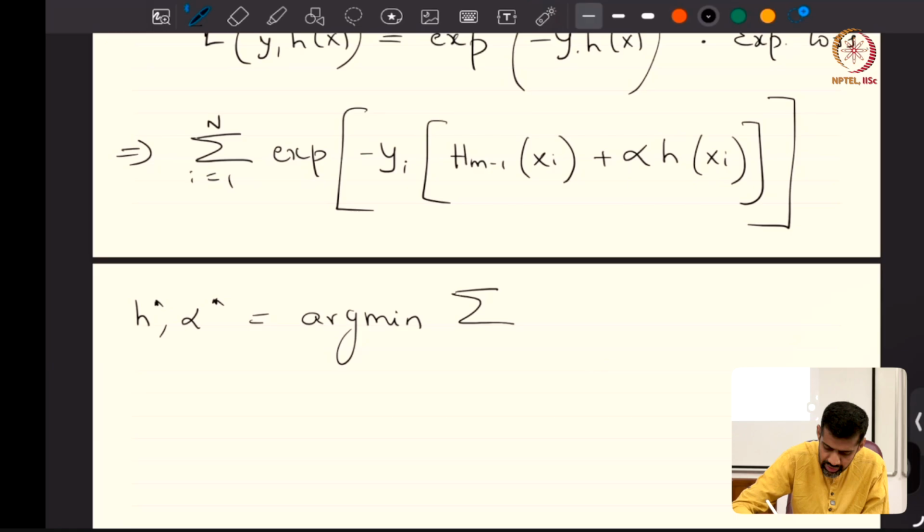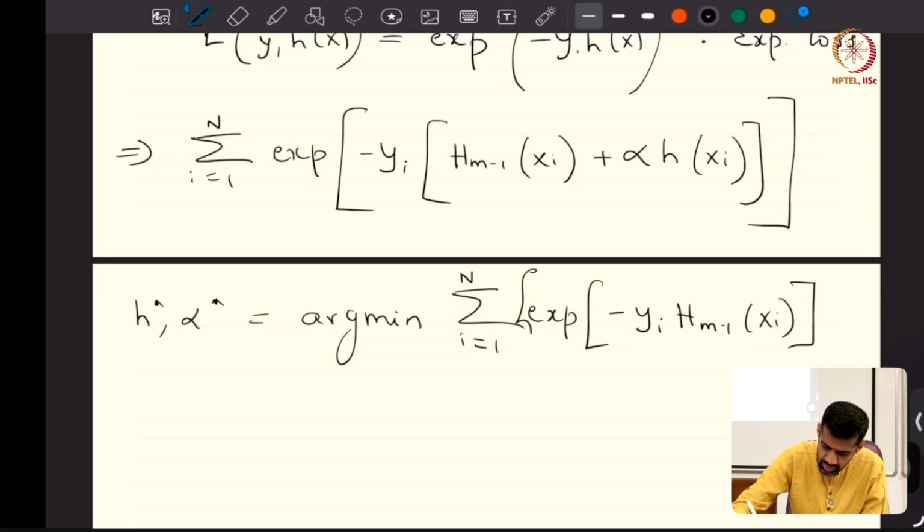this thing. So, we will split the exponentiation now. This is equal to e power minus yi hm minus 1 xi times e power yi into alpha times h of xi.